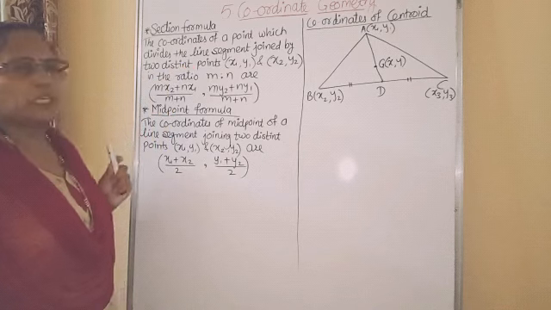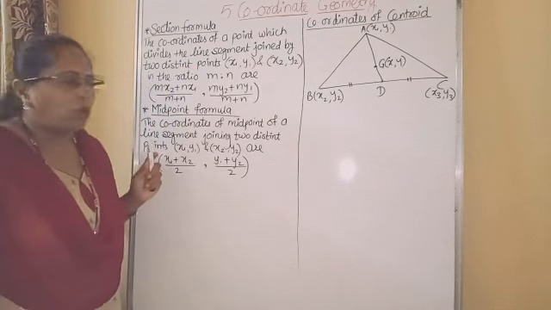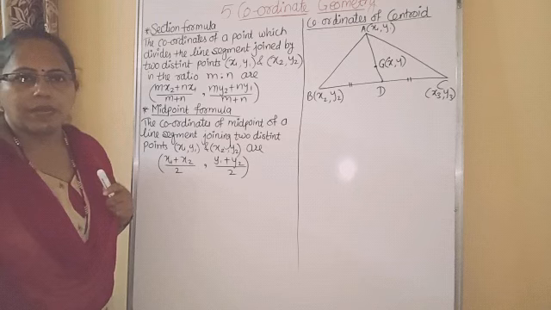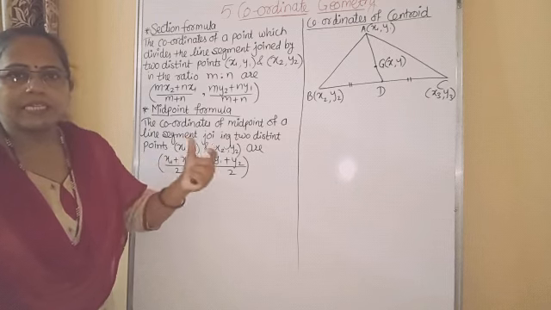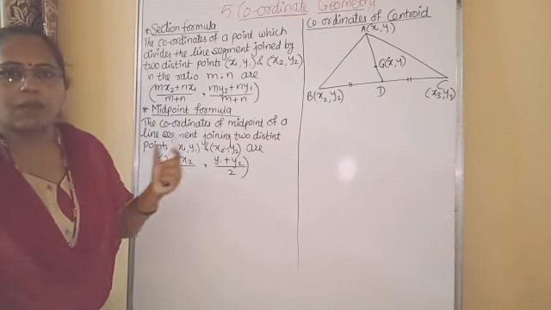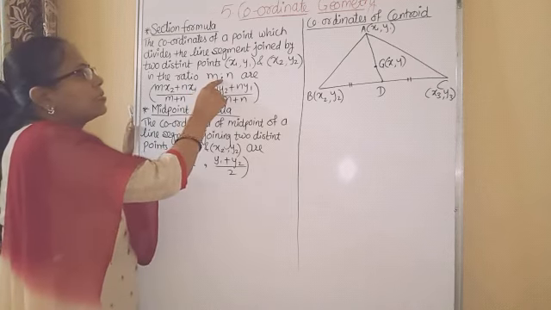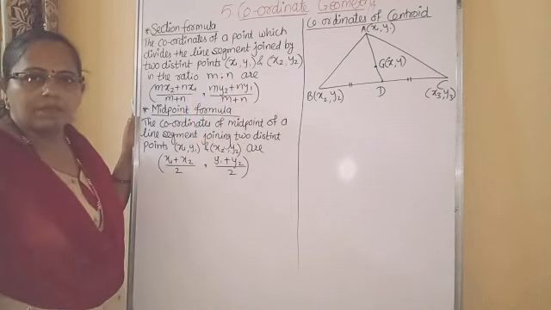Now using this section formula we can find the coordinates of the midpoint, which is called the midpoint formula. The midpoint divides the segment into two equal parts. That means in the ratio m is to n, m is equal to n.